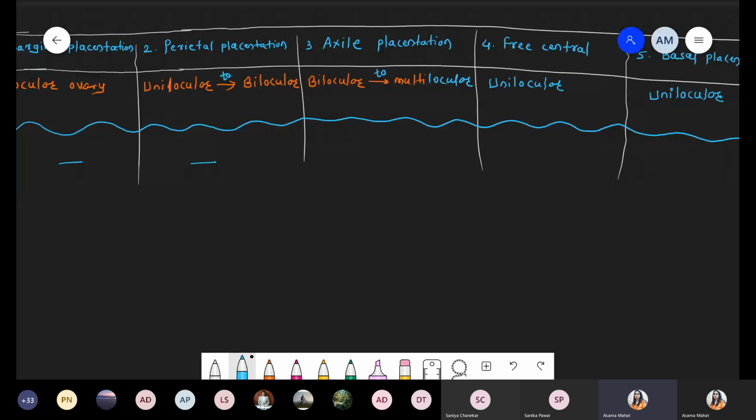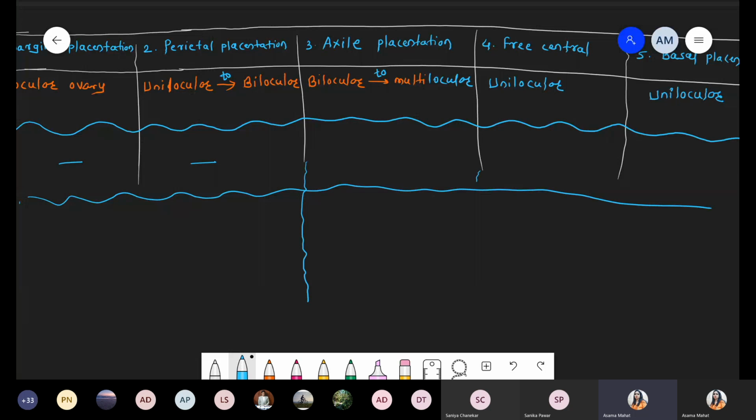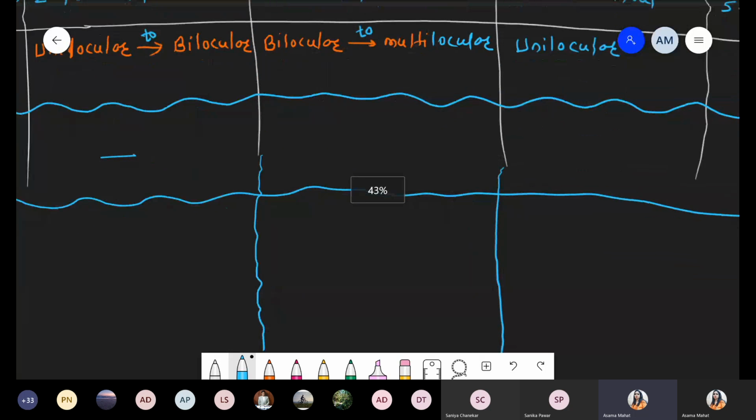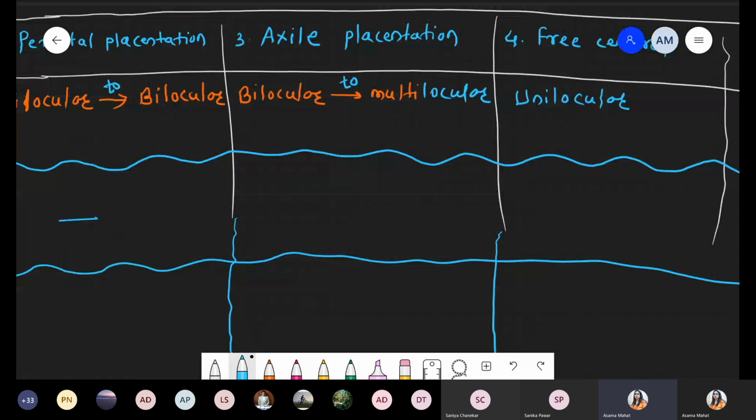Write under axial placentation: axial is the most common in angiosperm. In most angiospermic plants, axial placentation is the most common. So please write under axial placentation that this type of placentation is the most common in angiosperm plants.